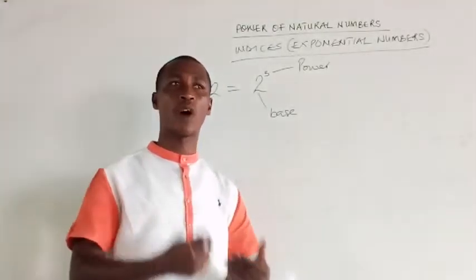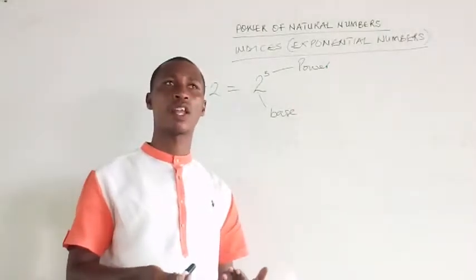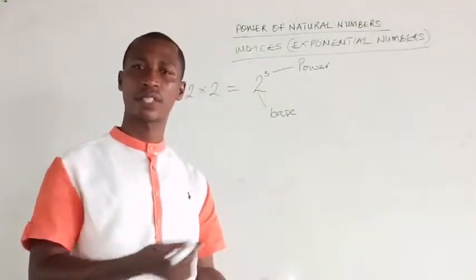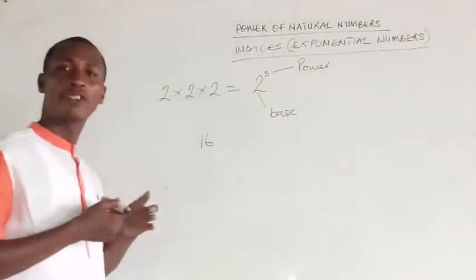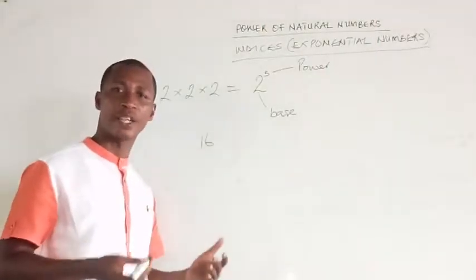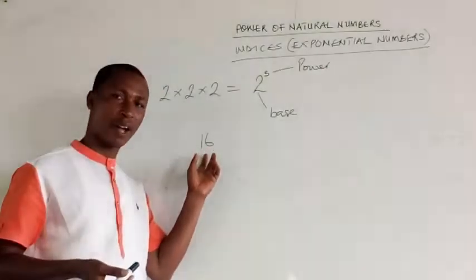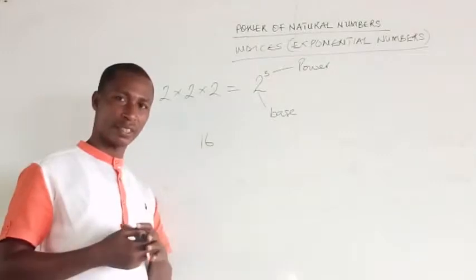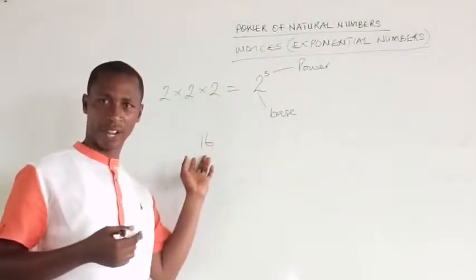For instance, now I've been given a figure, let me say 16. Now, how do I convert 16 to a power and a base? I must look at the least number that can divide 16, apart from 1. 2 is the least number that can divide 16.